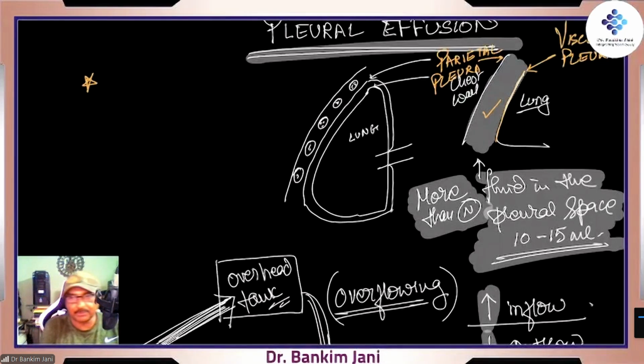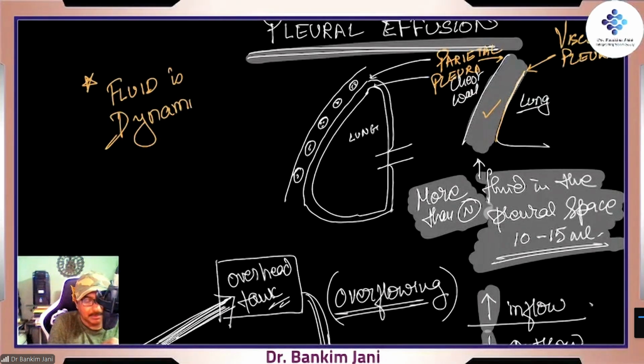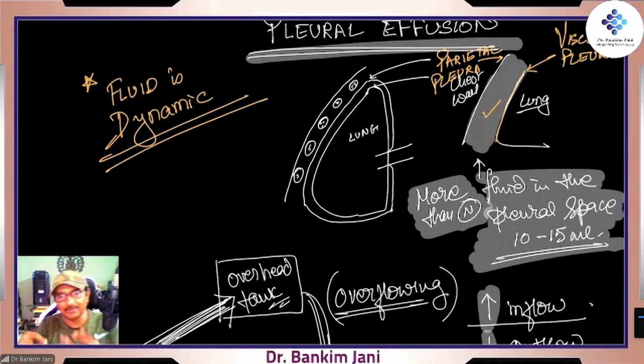The keyword which I was about to write was that the fluid present in our body, nothing is static. Everything keeps on changing. So the fluid in this pleural space is dynamic. Otherwise, they say if the water is stagnant, it rots.